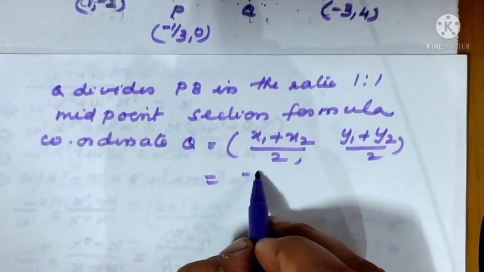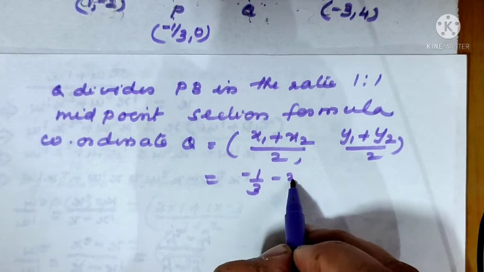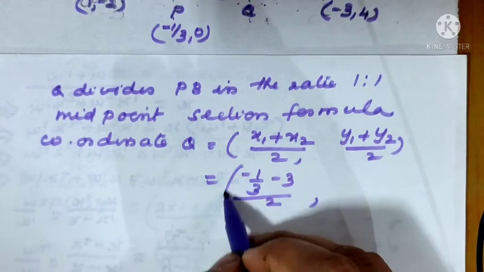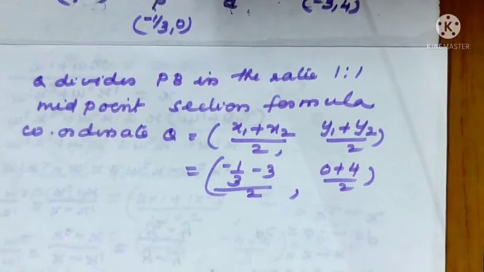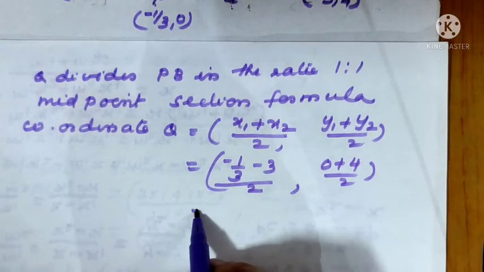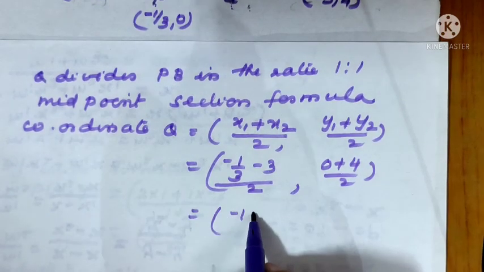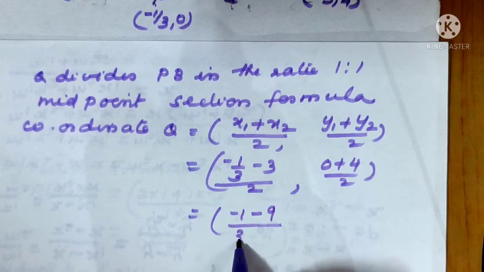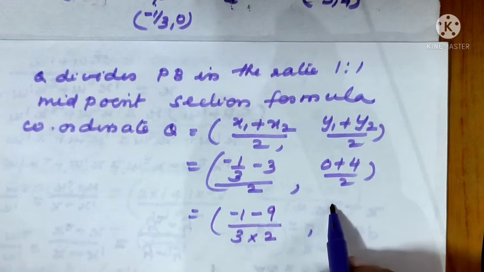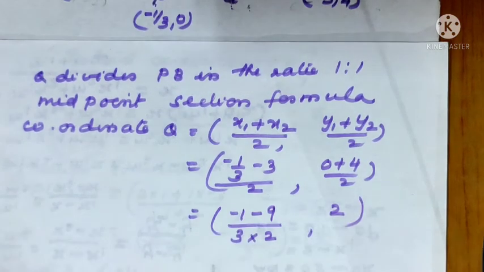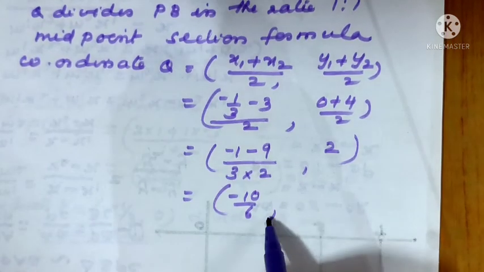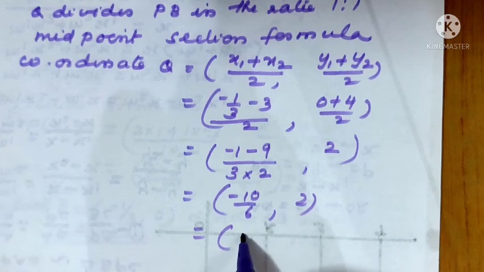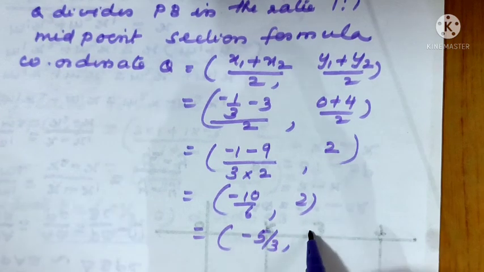That means minus 1 by 3 minus 3 divided by 2, 0 plus 4 divided by 2. So for minus 1 by 3 and minus 3 we should take the LCM. So minus 1 minus 9 divided by 3 into 2. Here 4 by 2 is equal to 2 only. So here minus 10 by 6 comma 2. After simplification it is minus 5 by 3 comma 2.